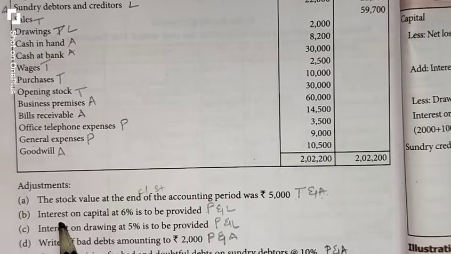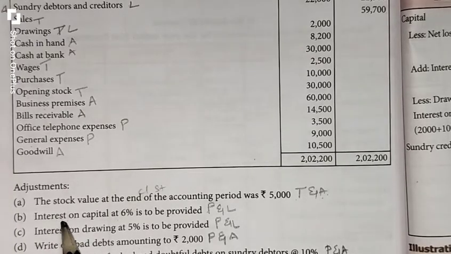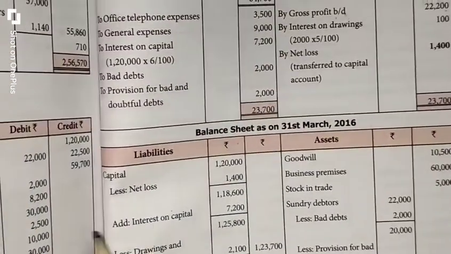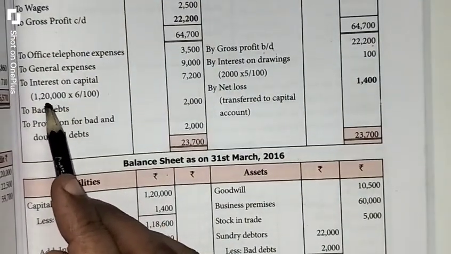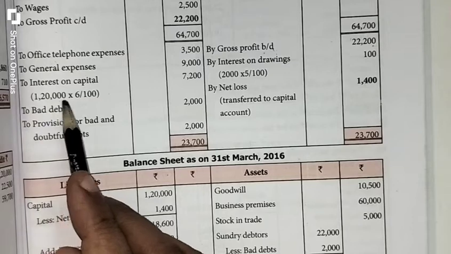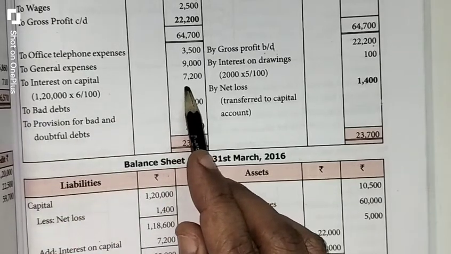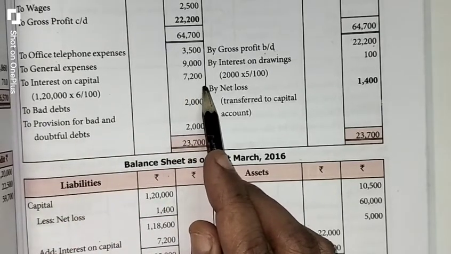All indirect expenses appear on the debit side of the profit and loss account. So interest on capital for 6% on 1,20,000 rupees, we will get 7,200 rupees entered here.